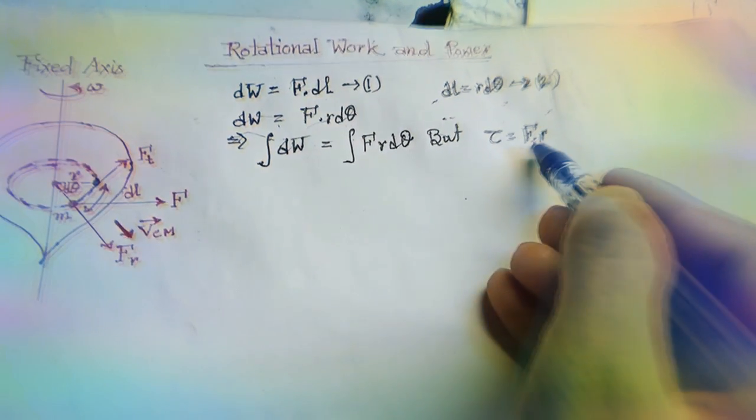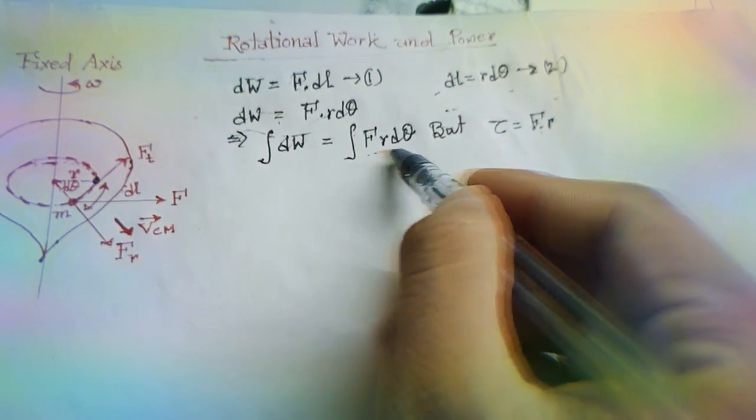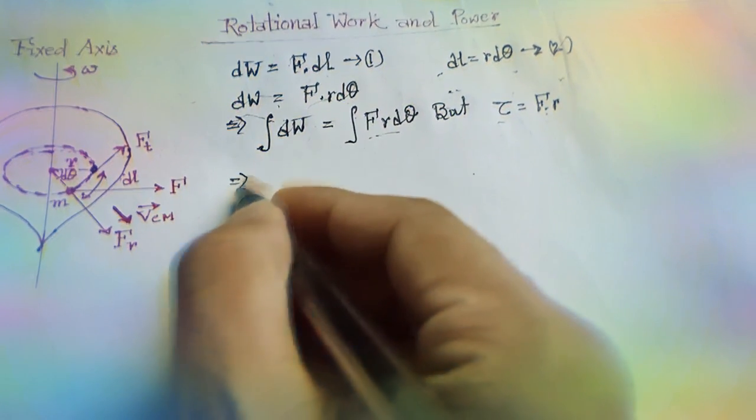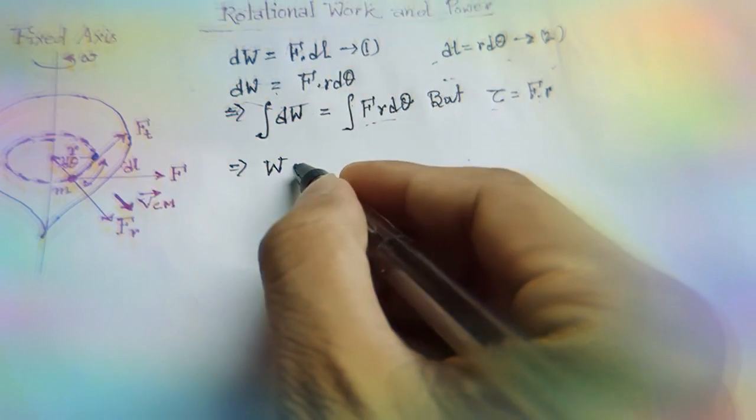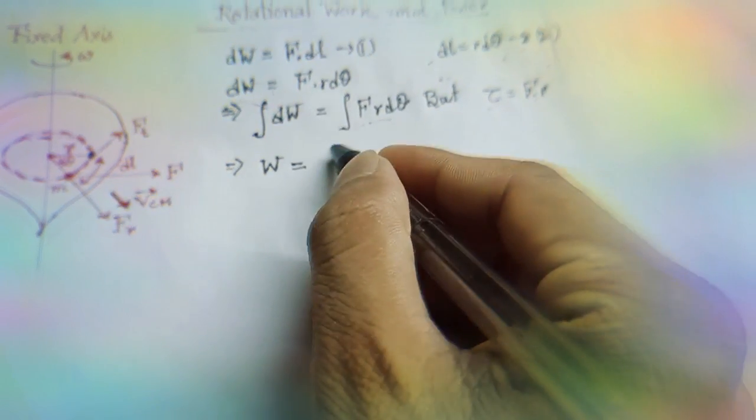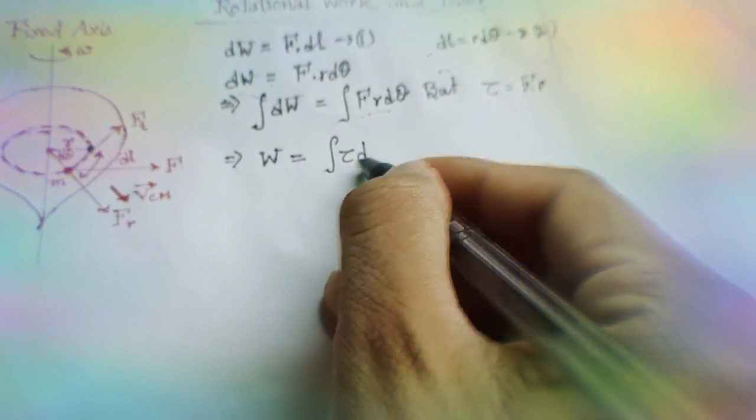So we can replace this Fr by the torque term. So after replacing, we will get the total work done due to rotation will be integration of tau d theta.